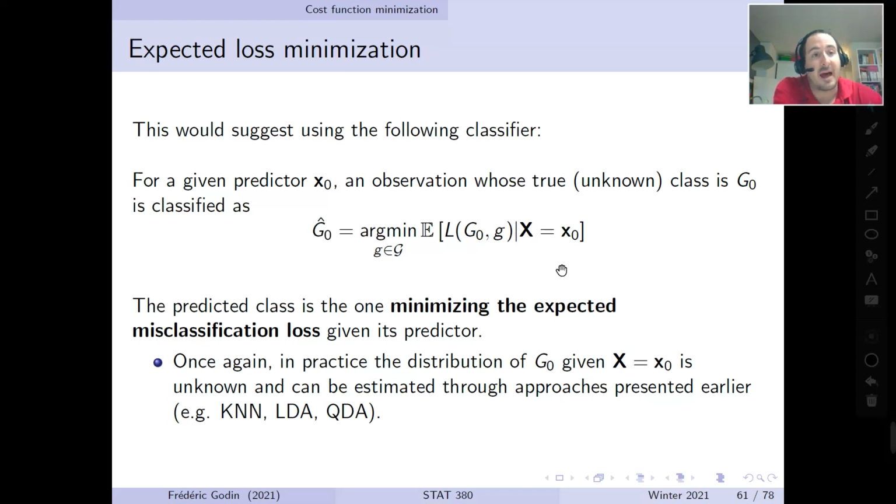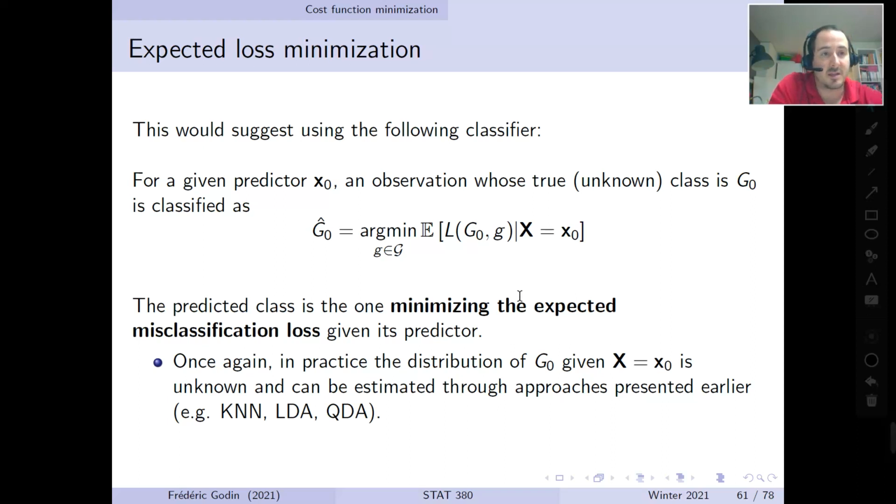Because these depend on conditional probabilities of misclassifications, we need to estimate the conditional probabilities of being in each class given the predictors, and this is exactly what we've done earlier. To estimate the probabilities of being in each class given your predictors, you can still use the same exact methods we've considered earlier: k-nearest neighbors, linear discriminant analysis, quadratic discriminant analysis, logistic regression.